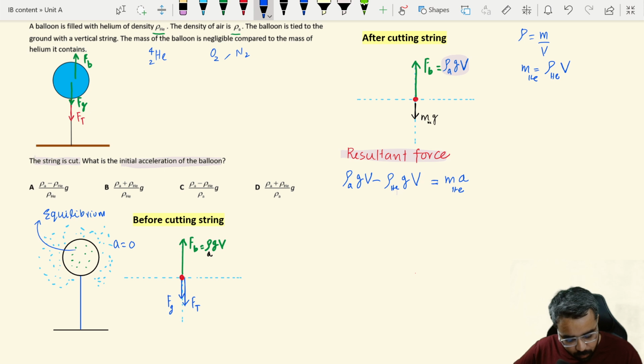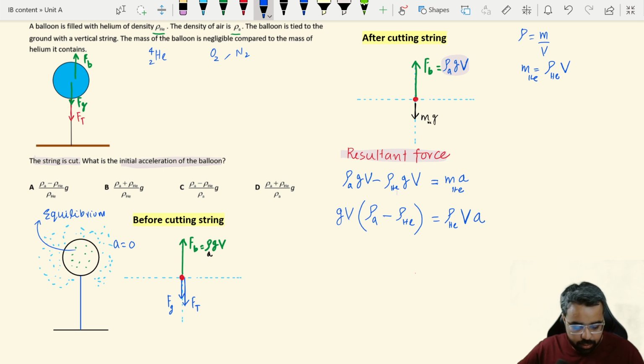Okay, so we can take the g V factor out from this, so we get (rho a minus rho He) g V is equal to the mass of helium, which is the density of helium times volume, multiplied by a. So finally we have calculated the initial acceleration, which will in fact decrease.